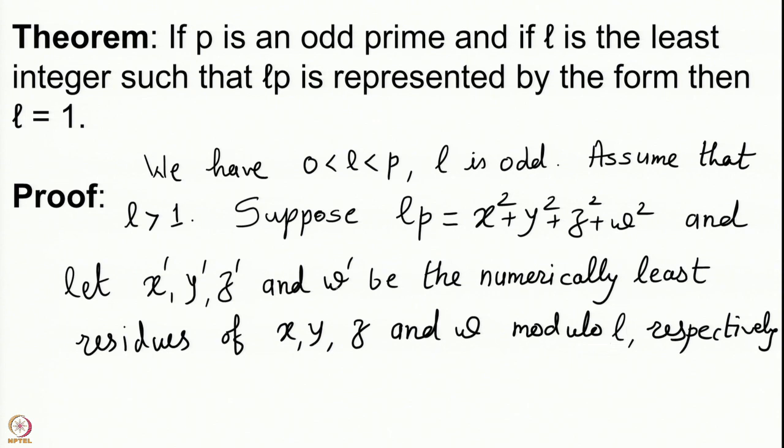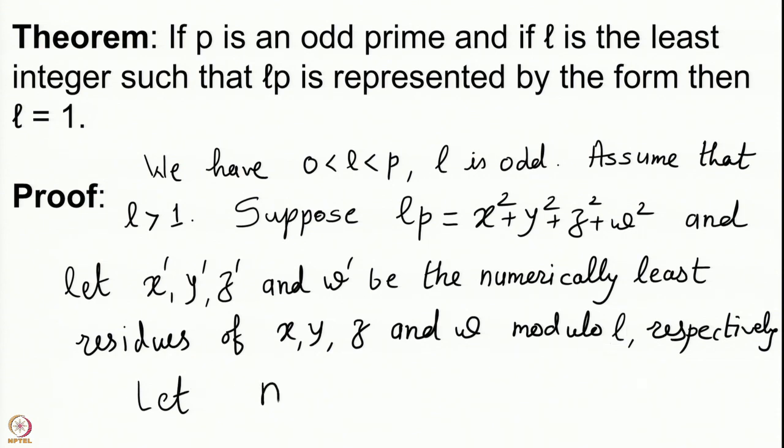x prime, y prime, z prime, w prime are some integers after all. Let n be the sum of their squares. Now x is congruent to x prime, y is congruent to y prime, z is congruent to z prime and w is congruent to w prime modulo L. So, as far as you are looking at the congruence modulo L, x prime is x, y prime is y, z prime is z and w prime is w.